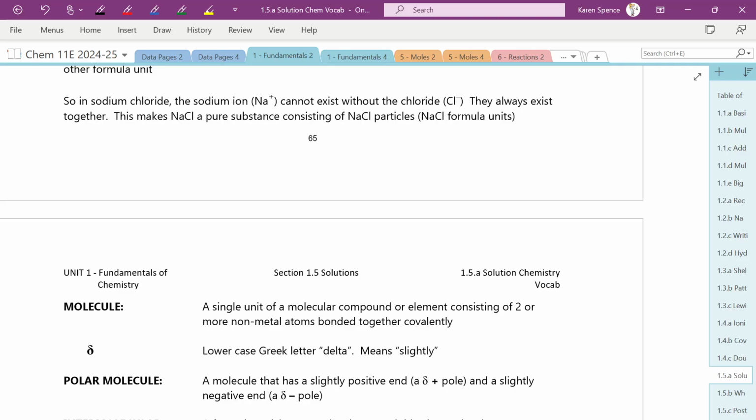So maybe just put a little star by anything that's unfamiliar to you, okay? So yeah, when you finish 65, you can go on to 66 and 67, okay?